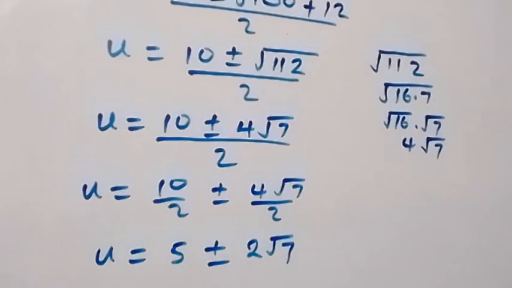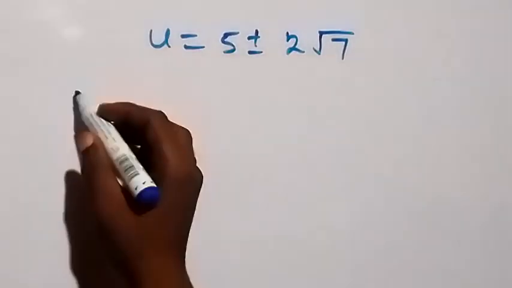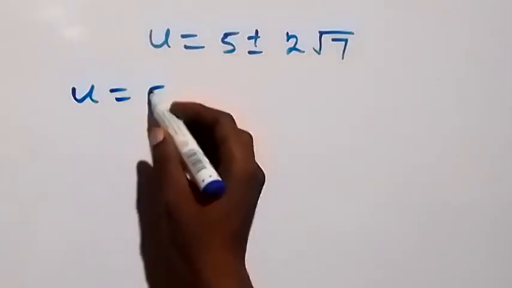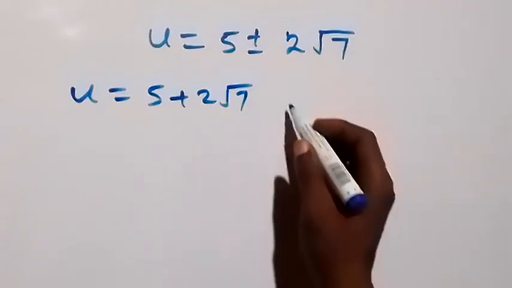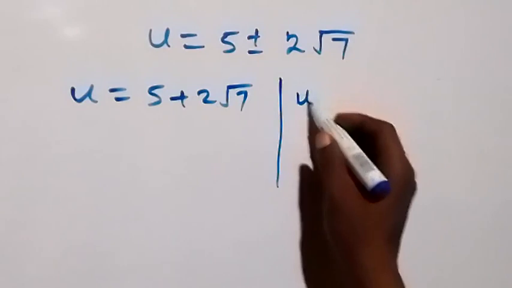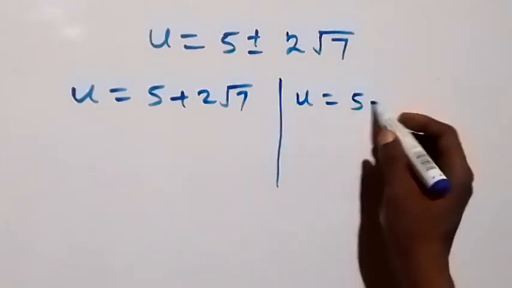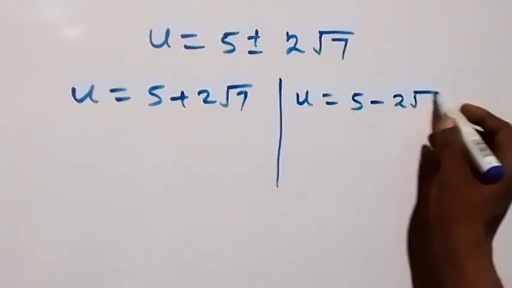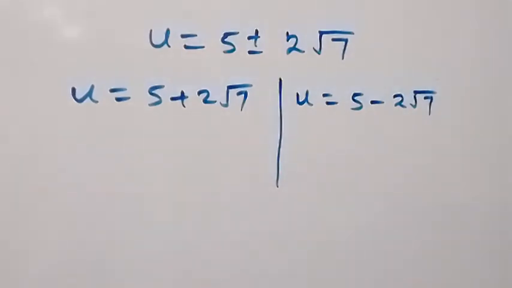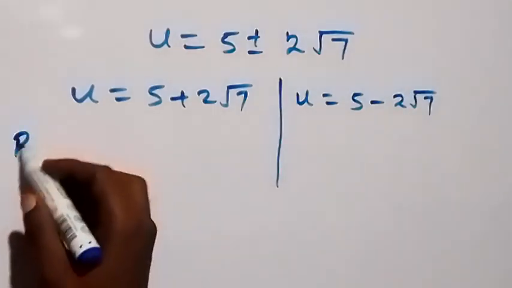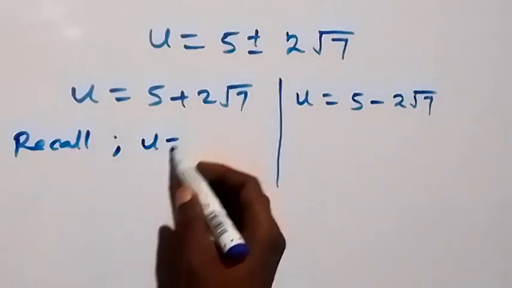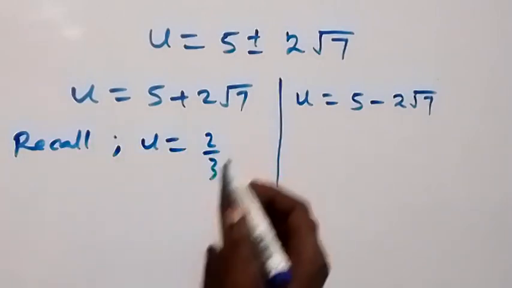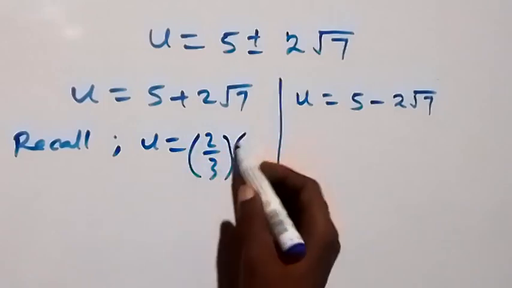And from here, we have two possible cases. First, we have u equals 5 plus 2 root 7. And also we have u equals 5 minus 2 root 7. And from here, we should recall that u is represented as 2 over 3 raised to power x.